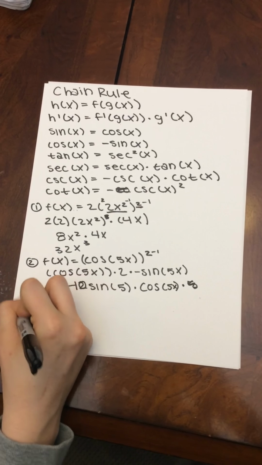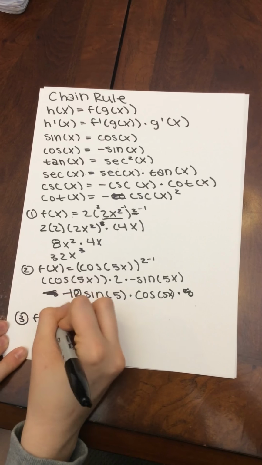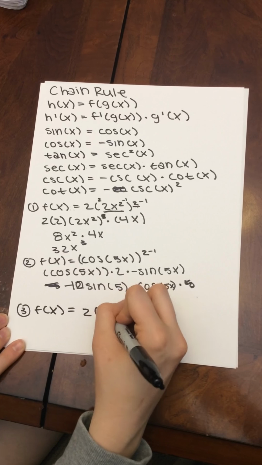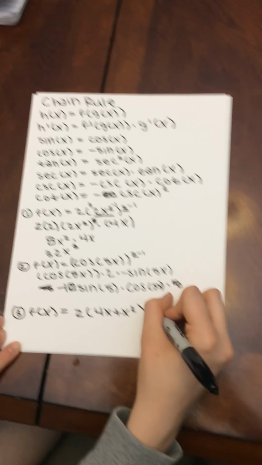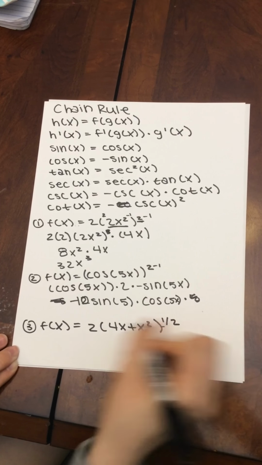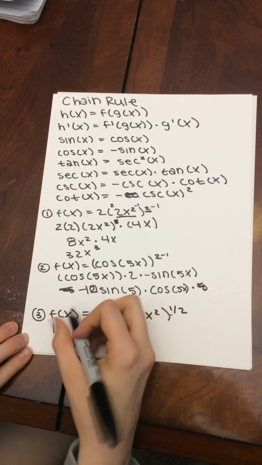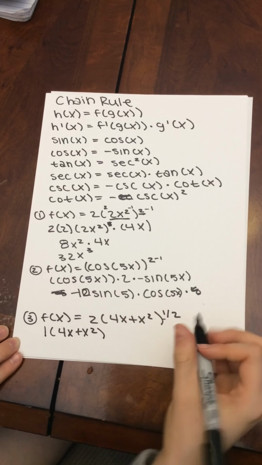So for our third example, we're going to have f(x) = 2 times (4x plus x squared) to the power of 1/2. So you're going to get this 1/2, you're going to multiply by the 2, so you're going to have 1. And then you're going to copy this down, 4x plus x squared, because that stays the same.